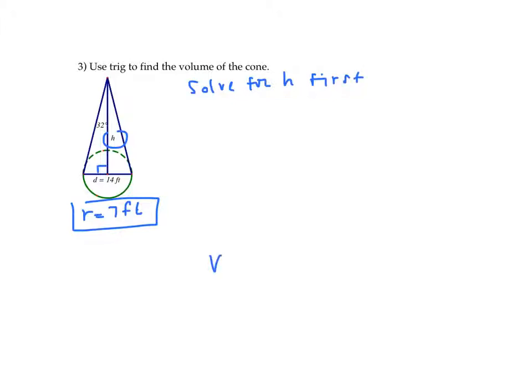Because if we're going to find the volume, we're going to be doing 1/3 times pi r squared times the height. We have the radius, but we need the height. To solve for the height, we're given a clue that this angle is 32 degrees. Again, if the diameter is 14 feet, the radius has to be 7 and 7. So we need to use trig, okay, to solve for the height.